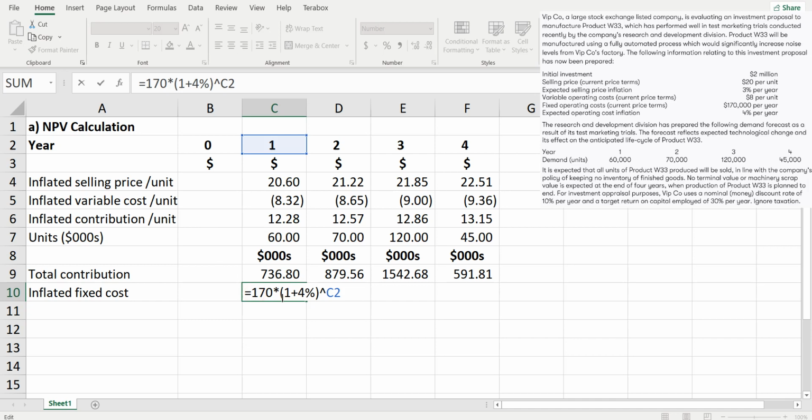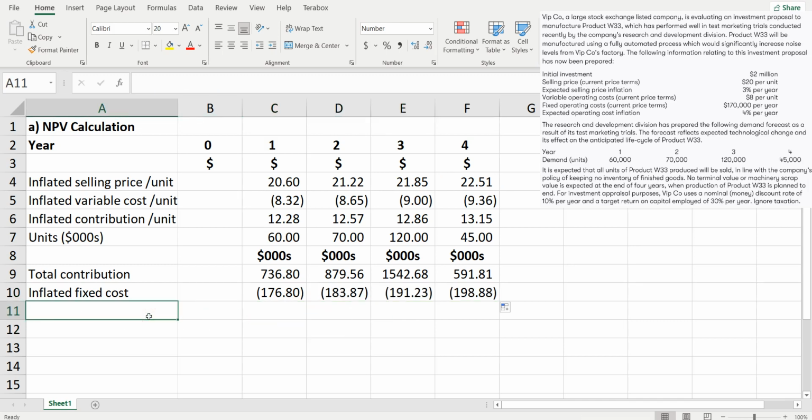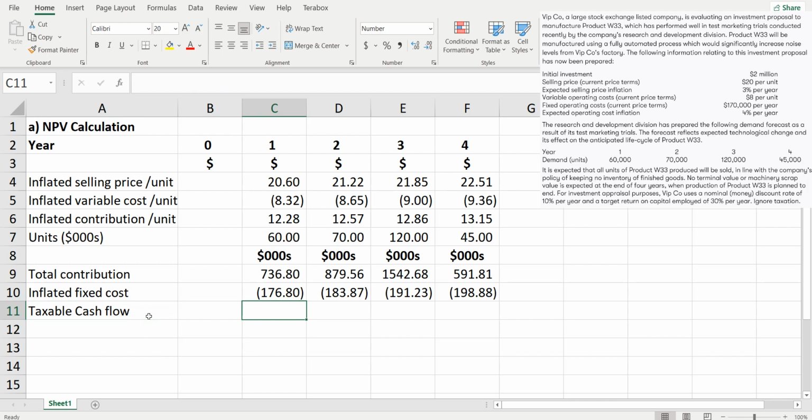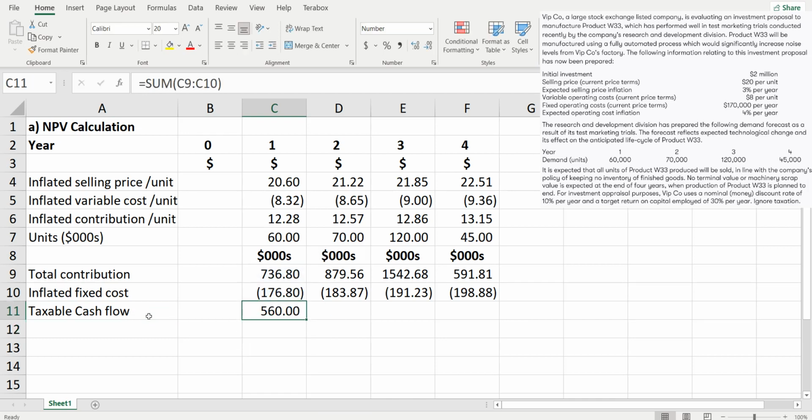Also you have to make it minus because it's cost. Okay, inflated fixed cost. Now we can do taxable cash flow. So just the sum of these, we have taxable cash flow, so sum bracket start bracket close, and you can just drag.